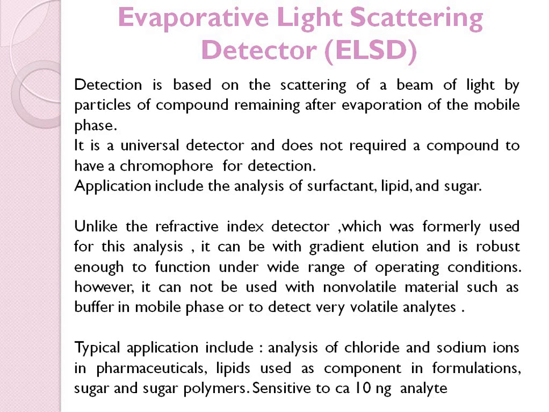Unlike the refractive index detector, which was formerly used for this analysis, it can be used with gradient elution and is robust. It means if we have a gradient mobile phase, we can still use it, and it functions under a wide range of operations.